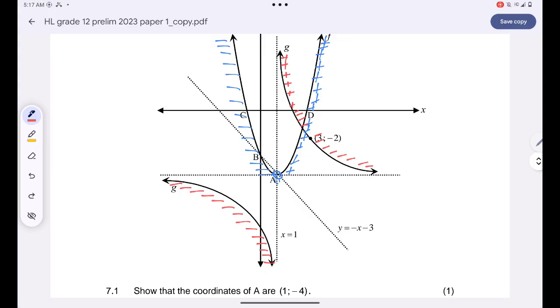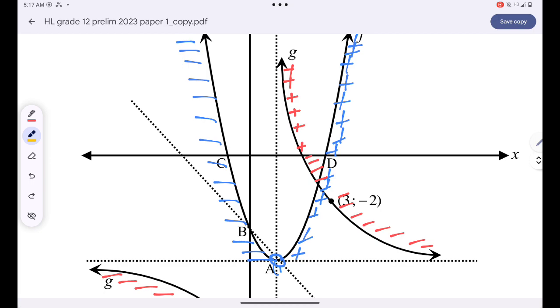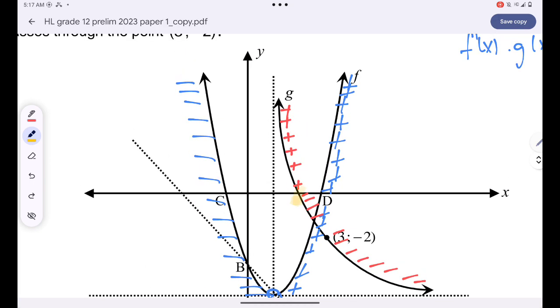Over here, guys, if we can check properly, from the right hand side of the x-intercept of our hyperbola, we have two opposite signs. Are you together? The other graph is continuously negative, whereby the graph of f of x is continuously increasing.